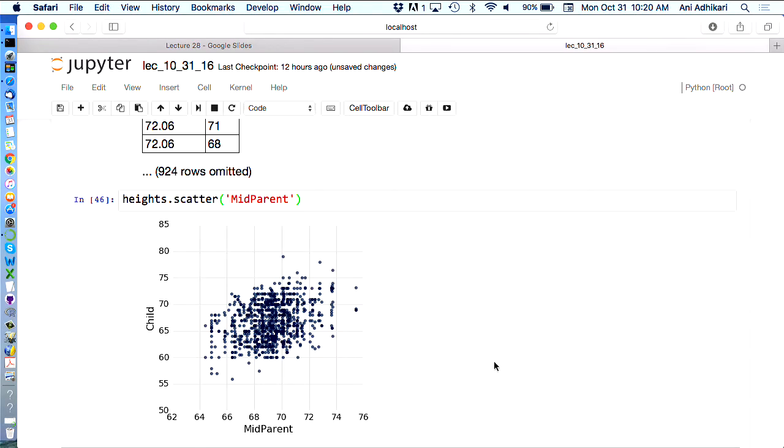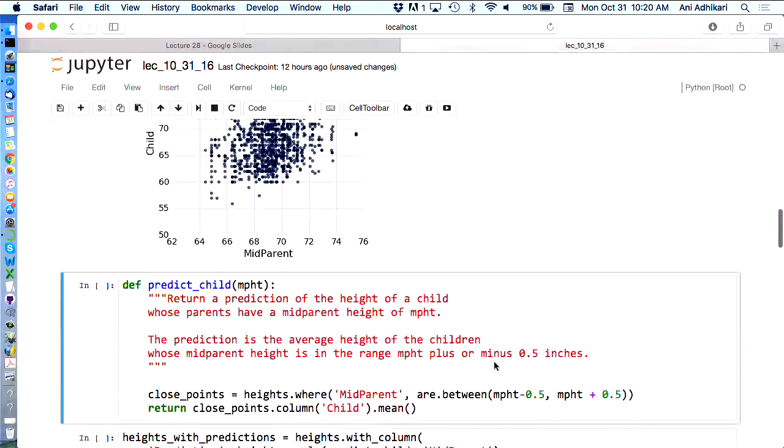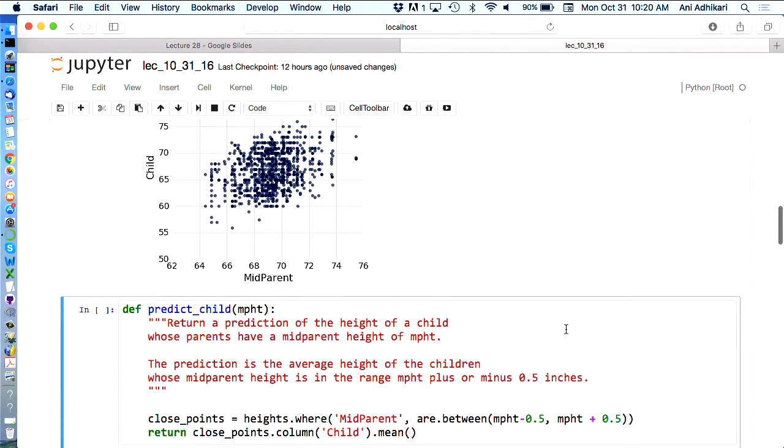And so that there are no mysteries, I just want to remind you of the function that we wrote to do our prediction, to get those gold dots in the center. We said that given any mid-parent height, we would look at the heights where the mid-parent heights are between the given height plus or minus 0.5. Do you want to take a look at that?